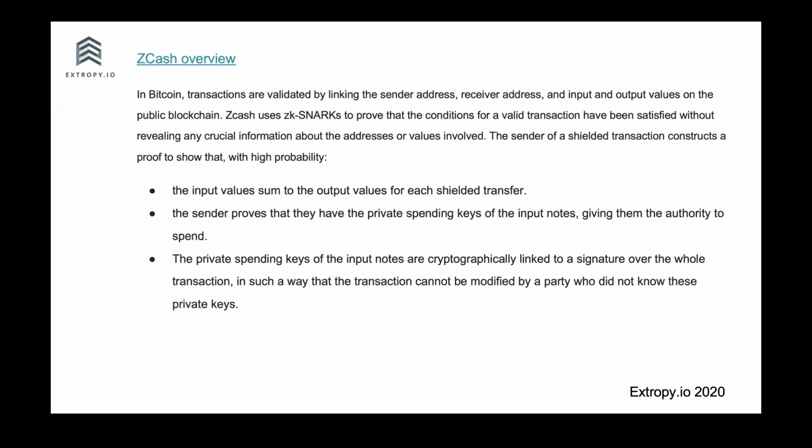And what the zero knowledge part is really about is being able to prove that a transaction that one person has submitted into the Zcash system is valid. So it's proving that the unspent transaction outputs, which we're using as inputs, add up to the outputs from our transaction.